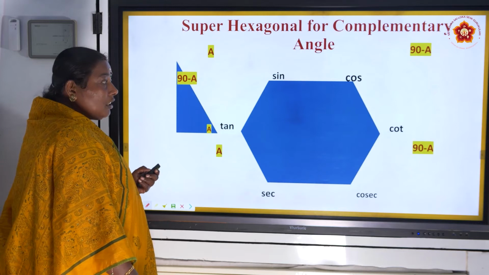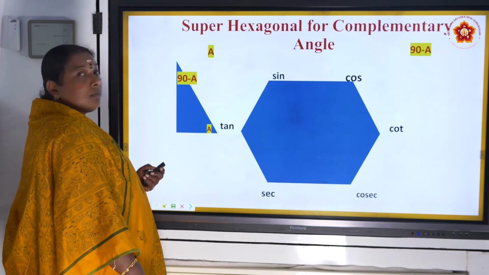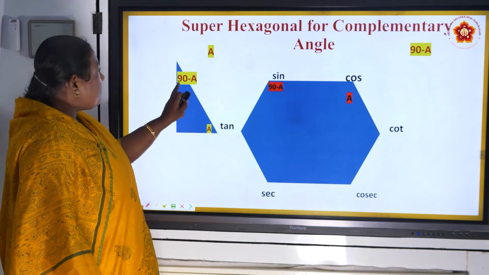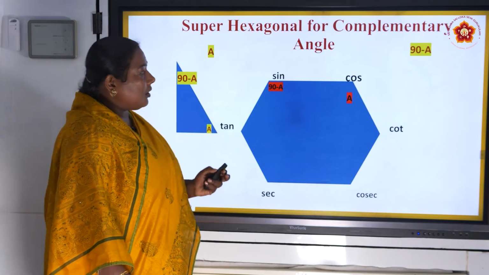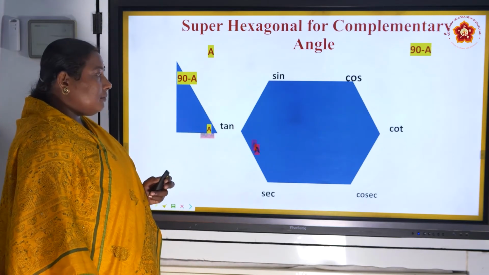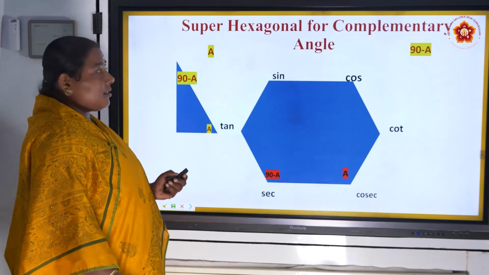Now you can do a project with this with a chart or a thermocol also. Really, if you do it now, you will never forget it. See, sin 90 minus A is cos A. Next. Is it right? You can do a project like this.